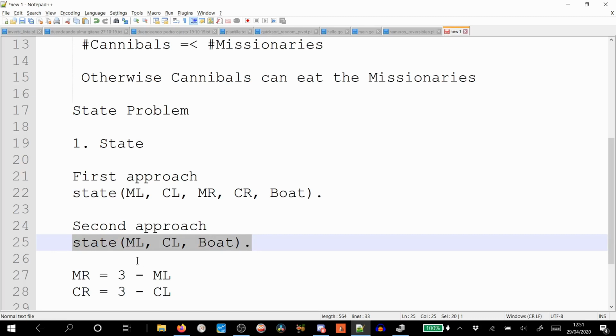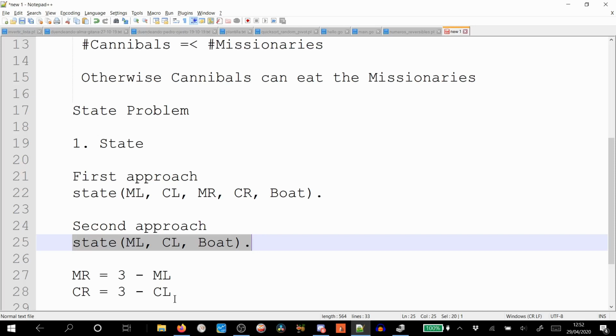But we can't know the missionaries in the right are 3 minus the missionaries in the left and minus the missionaries in the boat. I understand your question. Don't worry about how many people are in the boat, because the boat is only a transitional situation. Before the movement, the boat is on one side, we move, and the boat will be on the other side.